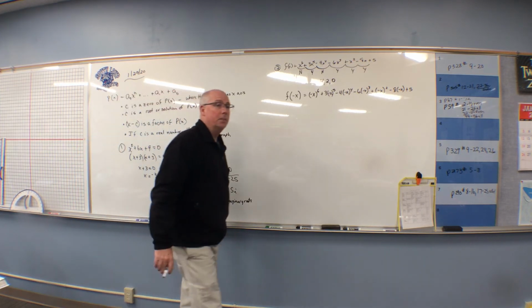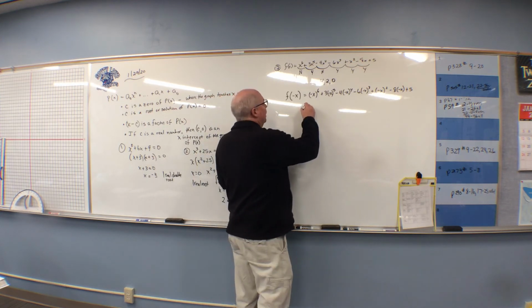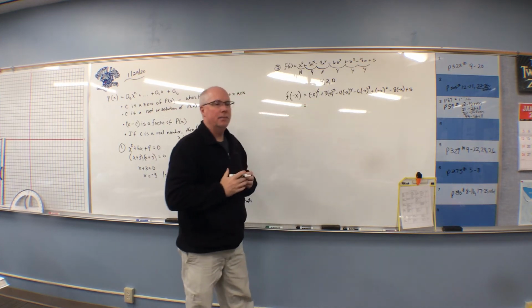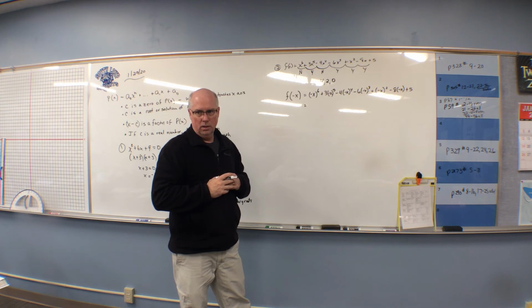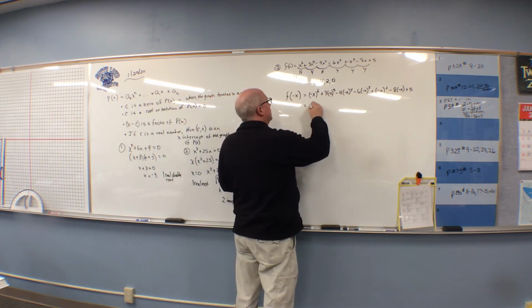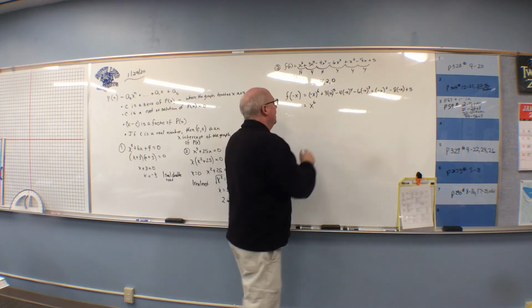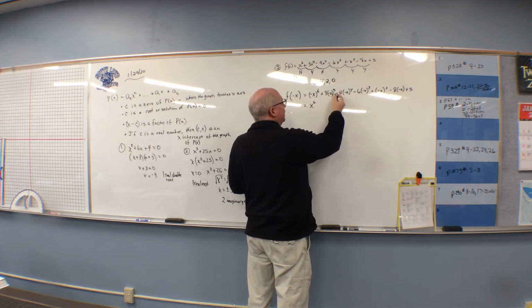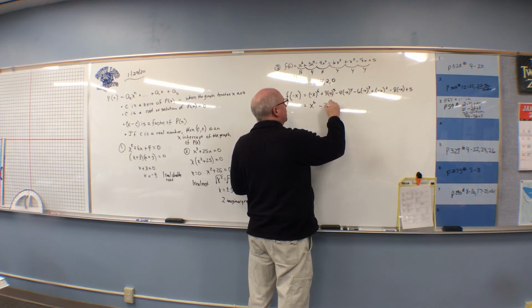Now I go through. What happens when you take a negative x and raise it to an even power? It becomes positive, so this actually becomes x to the 6th. The next one is negative, so this becomes a negative 3x to the 5th.